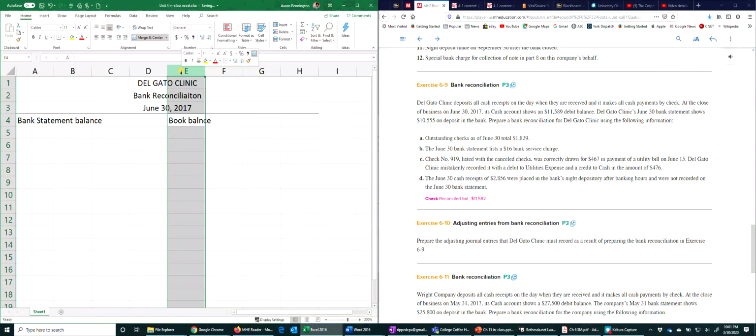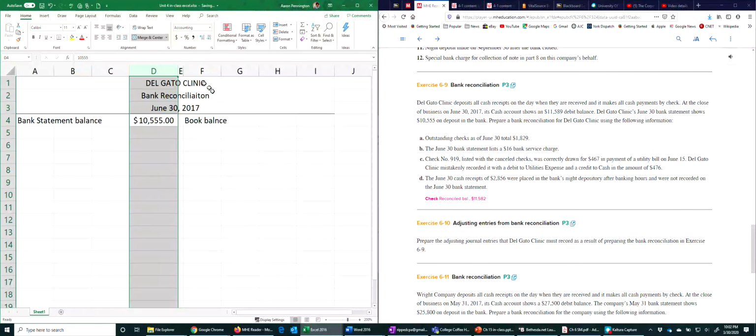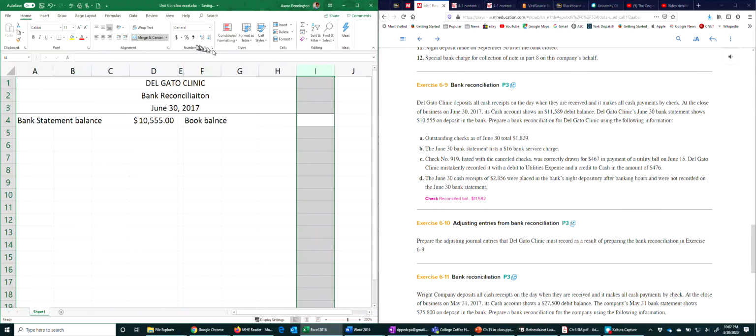We're going to plug in what we know as the balances thus far. So bank statement balance is given. It's right here, $10,555.